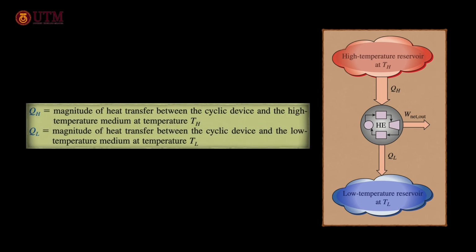QH equals the magnitude of heat transfer between the cyclic device and the high temperature medium at temperature TH, while QL is equal to the magnitude of heat transfer between the cyclic device and the low temperature medium at temperature TL.